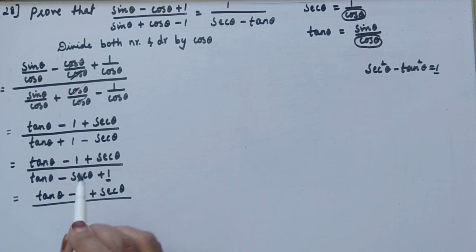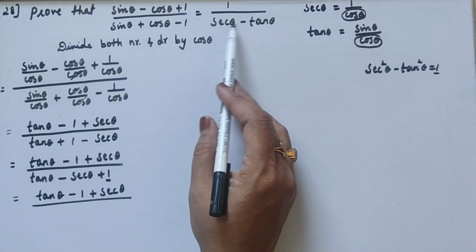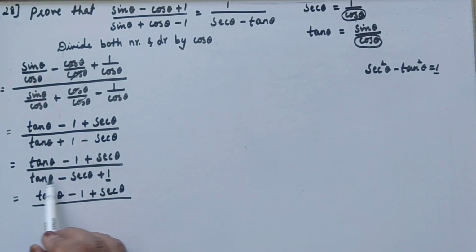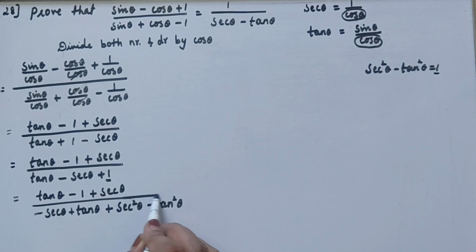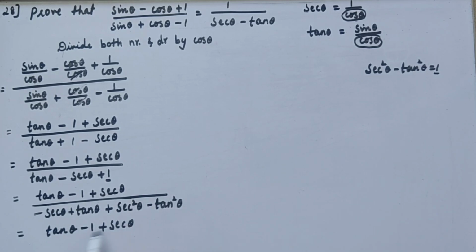Now here, as we have got the answer in secant and tan, first we will write secant minus secant theta, okay, plus tan theta plus. Now 1 can be written as secant square theta minus tan square theta. Okay, students. Now here which is equals to, numerator you write again as it is, minus 1 plus secant theta.